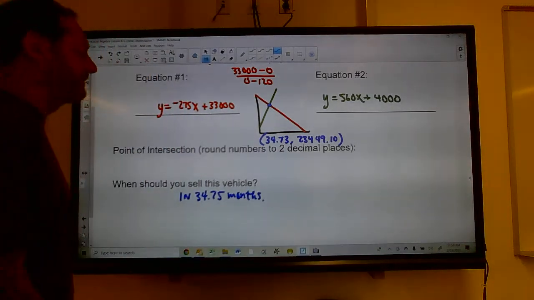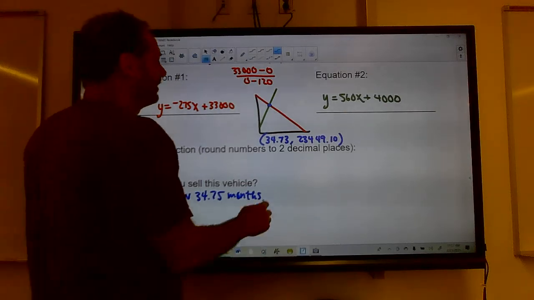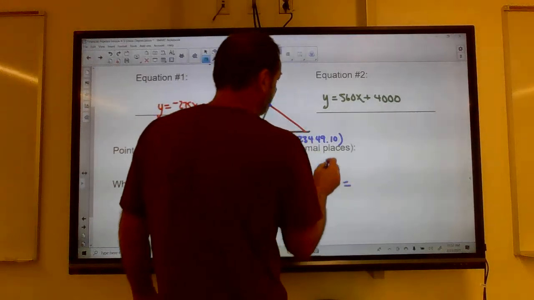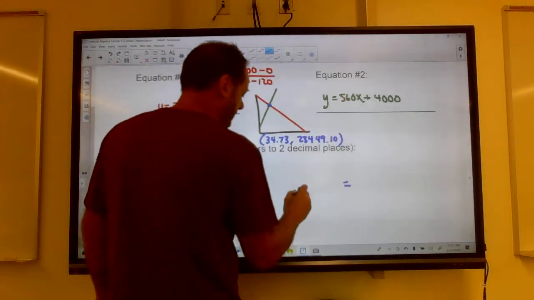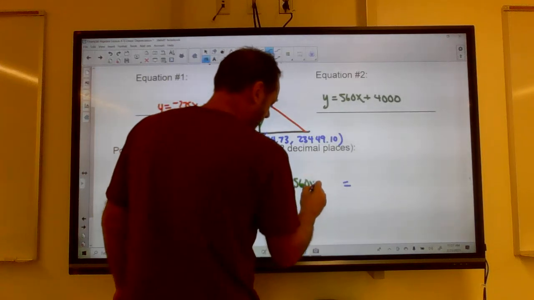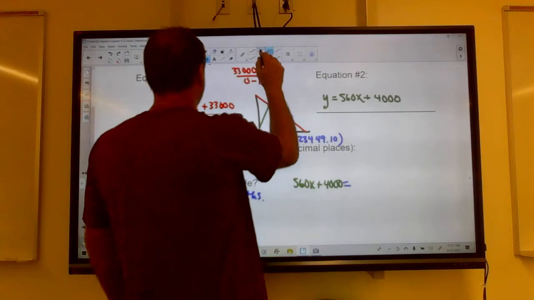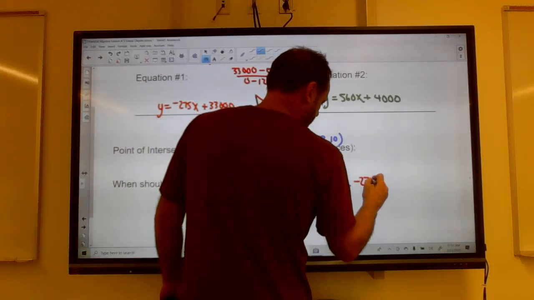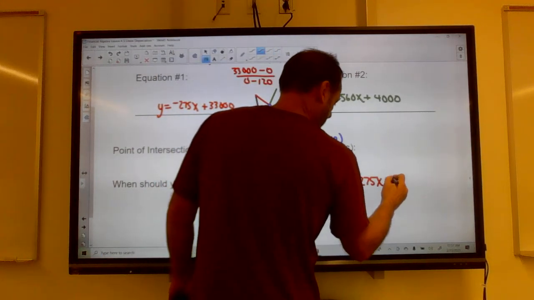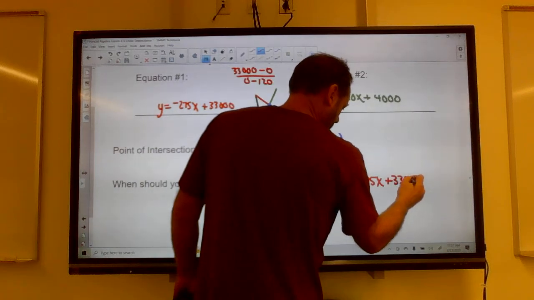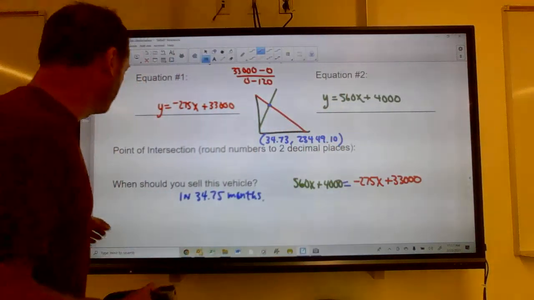Okay, what if I don't have a graphing calculator? What do I do? Very simple. I take this equation here, 560x plus 4,000. I set it equal to that equation right there, negative 275x plus 33,000. And I'm going to solve for x.